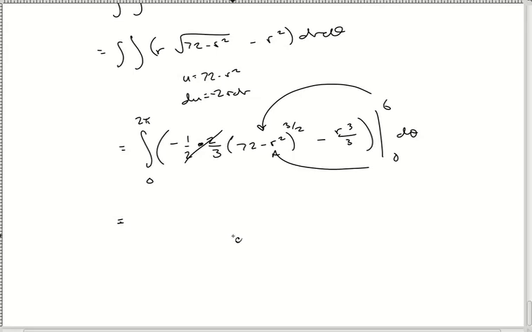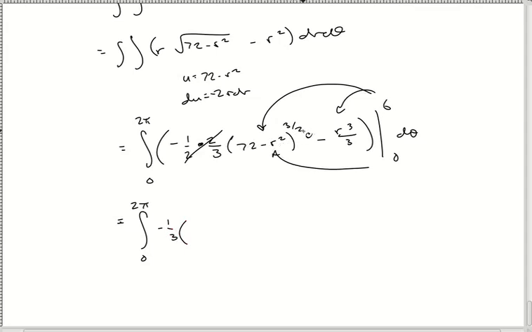Going to my next page here. Yes, everything's good there. So I actually have to plug in. Here the 0 doesn't matter, but plugging in for all that stuff. Here we go, negative 1/3. First off, 72. Plugging in the 6, so that's 36. So 72 minus 36 is 36.